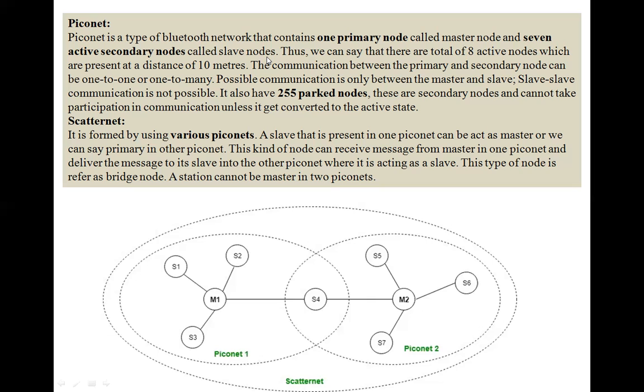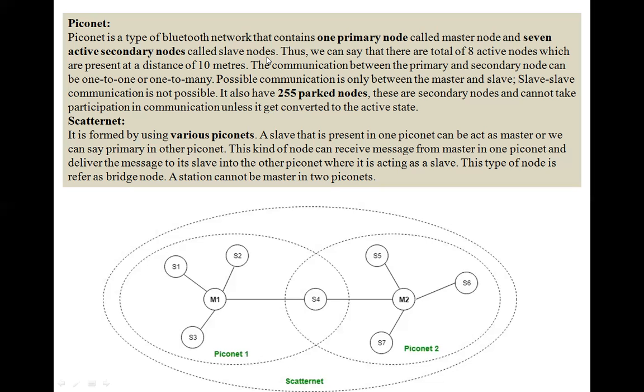The communication between the primary and secondary node can be one to one or one to many. Possible communication is only between the master and slave. Slave to slave communication is not possible. It also has 255 park nodes.